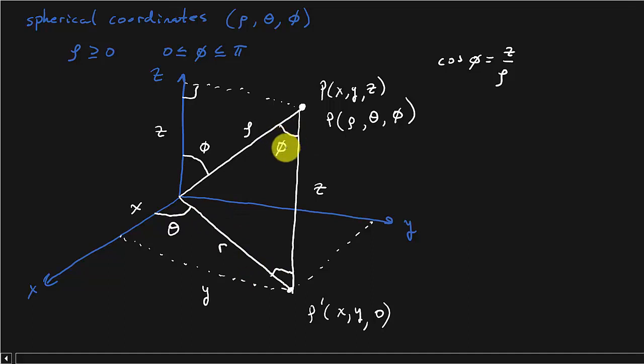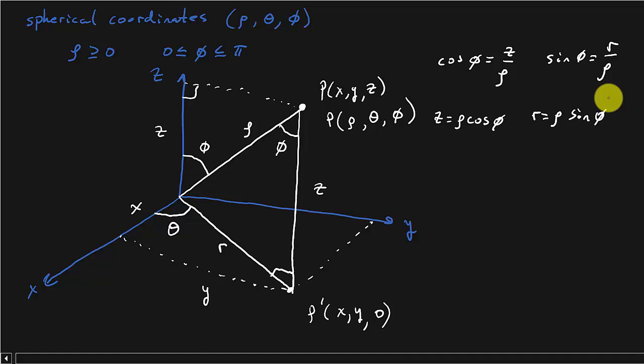Remember, sine phi is opposite over hypotenuse. So this gives us that z is equal to rho times cosine phi, and r is equal to rho times sine phi. I just solved this for z and this for r.